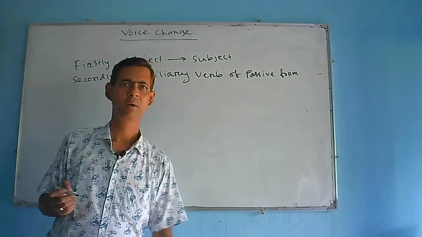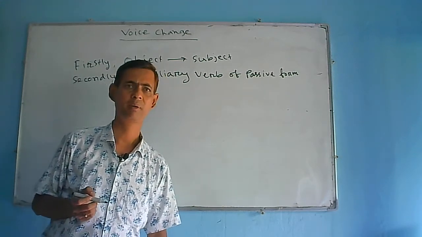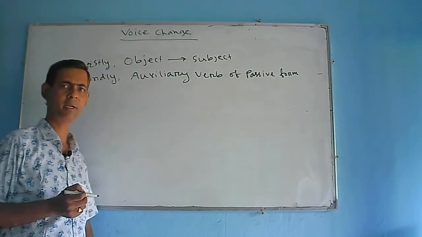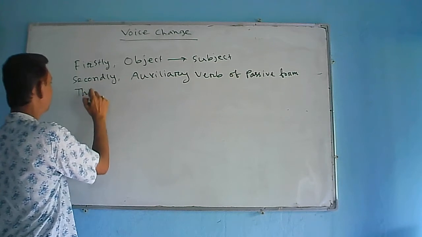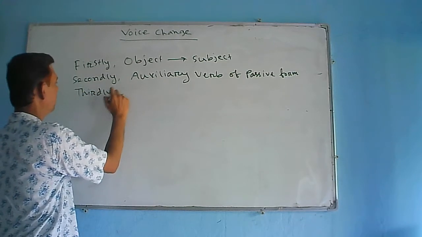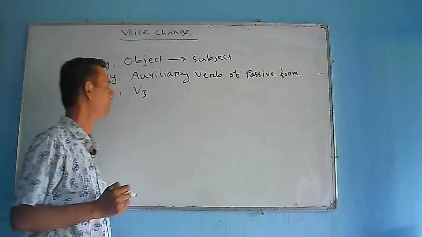Thirdly, past participle of principal verb. Principal verb will be past participle, that means V3, third form of verb.